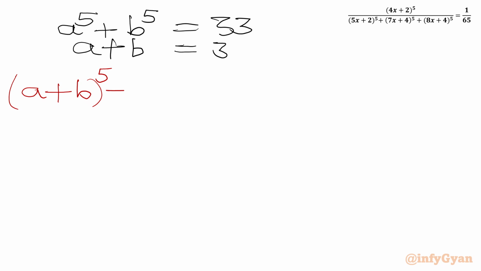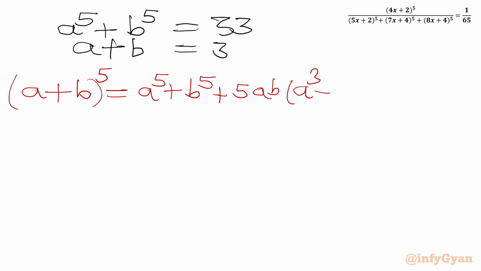We can directly write the expansion, which is A power 5 plus B power 5 plus 5 times AB in the bracket A cube plus B cube plus 10 times A square B square times A plus B. This is the expansion of A plus B whole power 5.